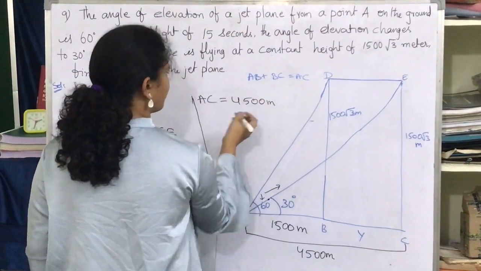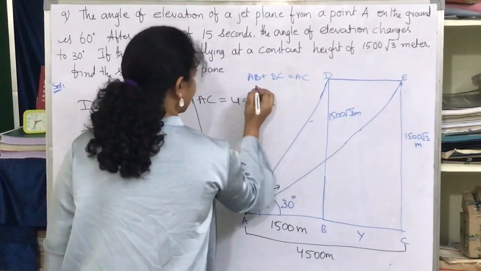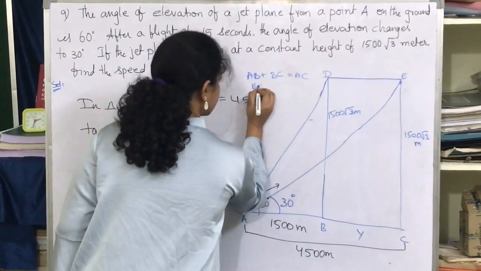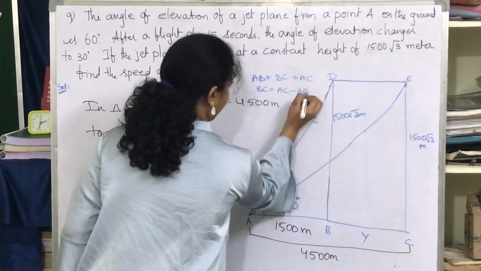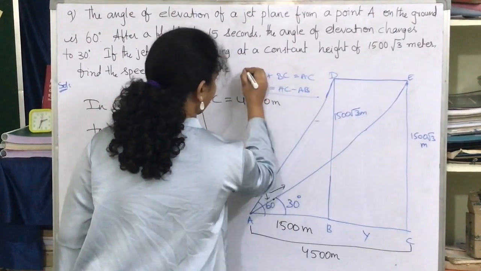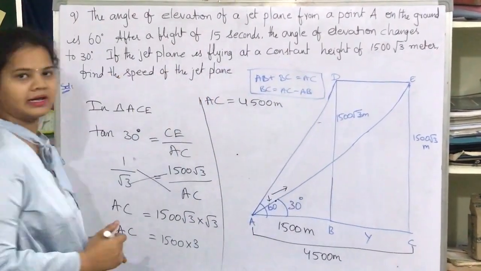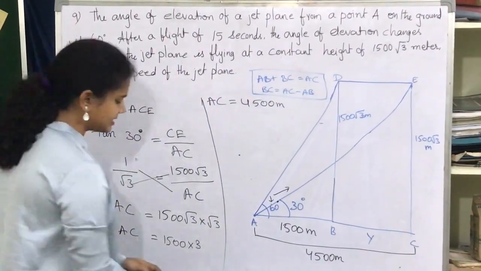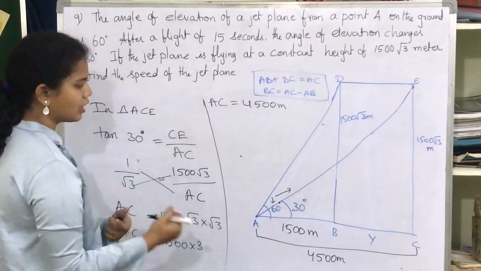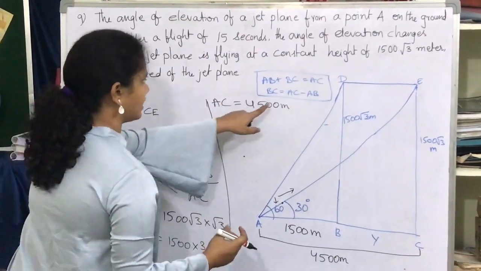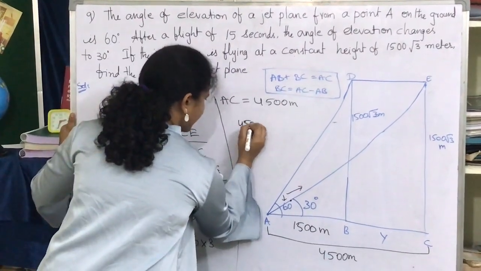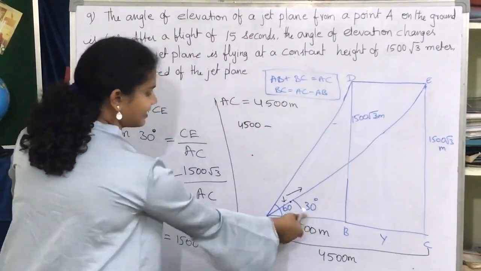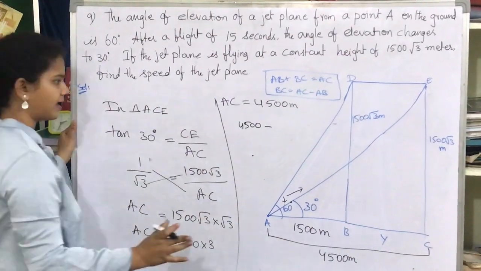Now I need BC, so I can write BC equals AC minus AB, where AC is 4,500 minus AB value, here you have 1,500.